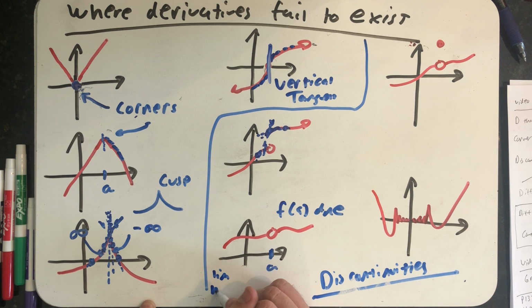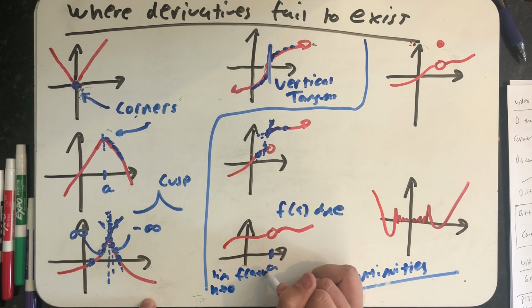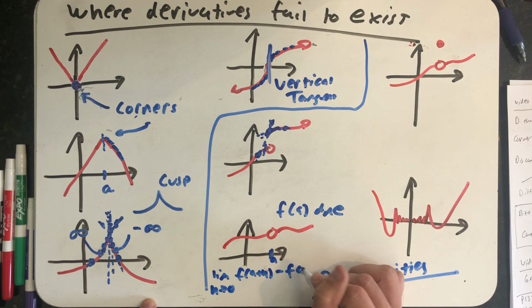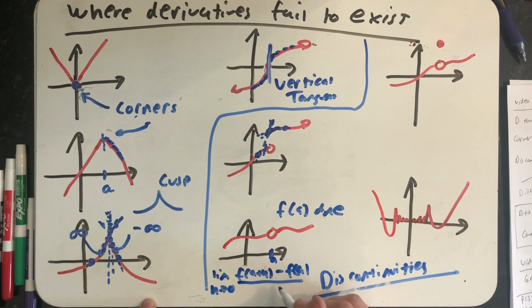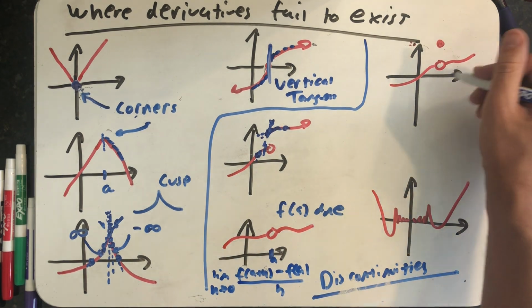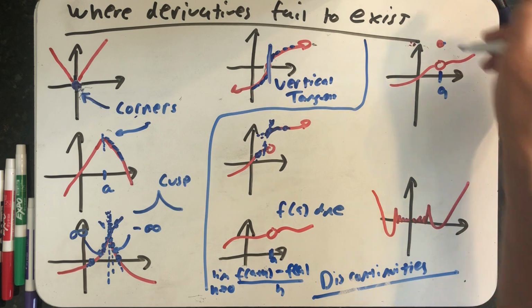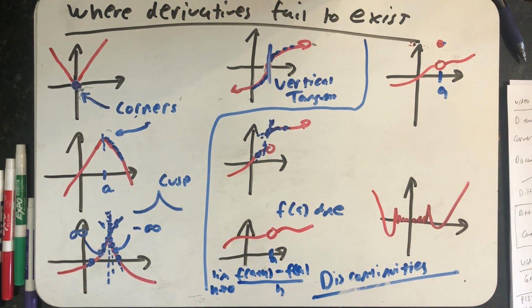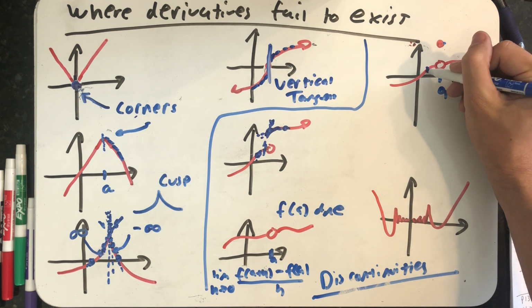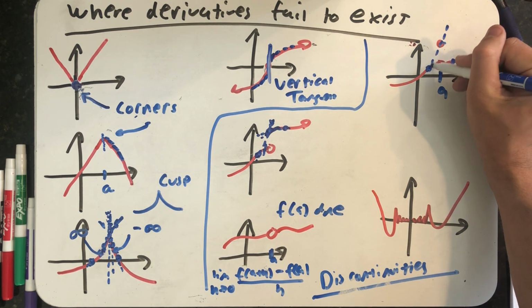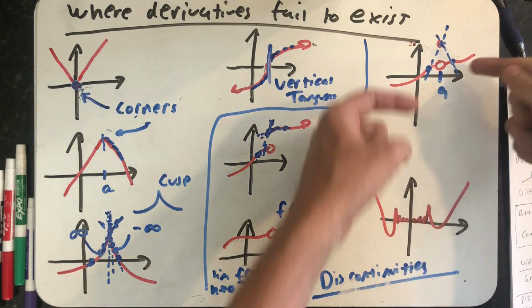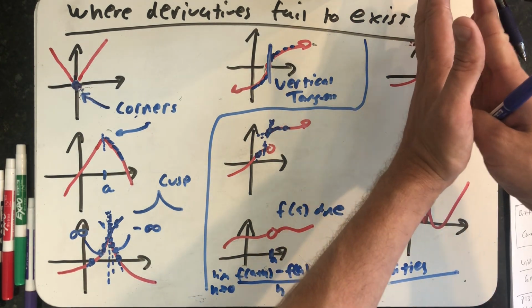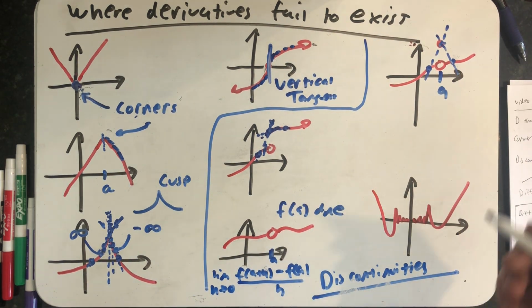My difference quotient definition of the derivative at a requires me to be able to calculate f of a. All right, well, here's my removable discontinuity again, but f of a does exist. It's just kind of in the wrong spot, whatever that means. Well, here my secant lines would behave very oddly, and as I get closer and closer to that value there, it's like they would become nonsensically vertical.